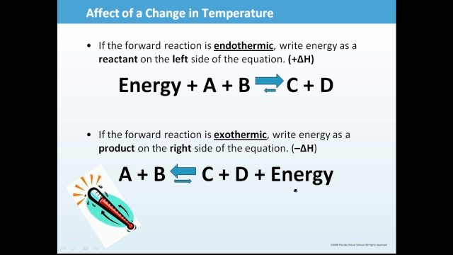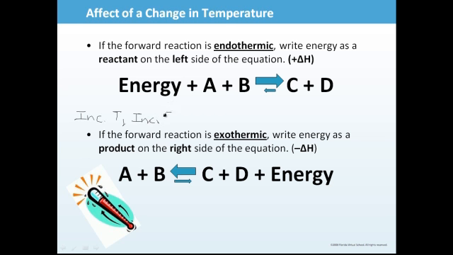If I increase temperature, then I am also increasing the amount of energy that the molecules have. Remember, temperature is a measure of the average kinetic energy. So if I am increasing the temperature of the system, that also means I must be increasing the energy.